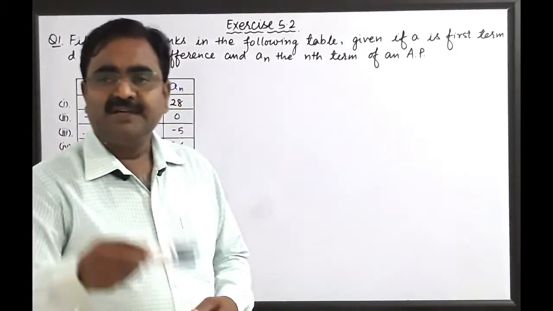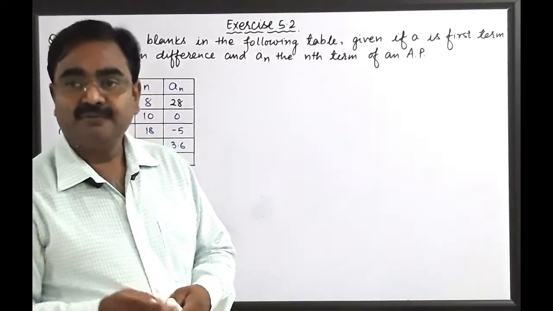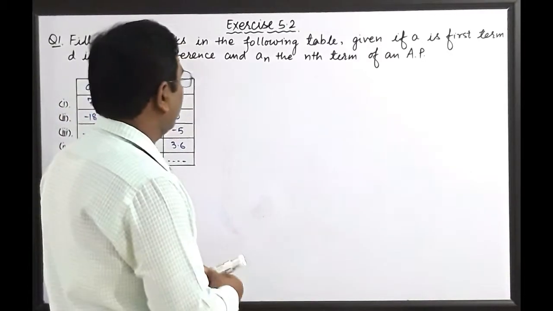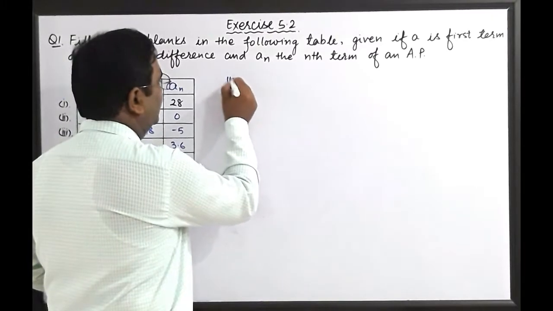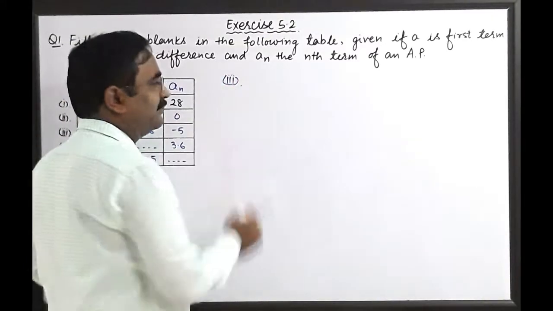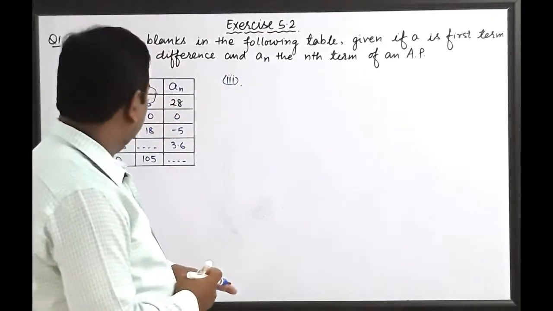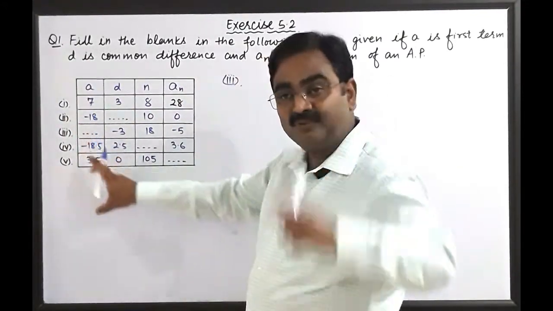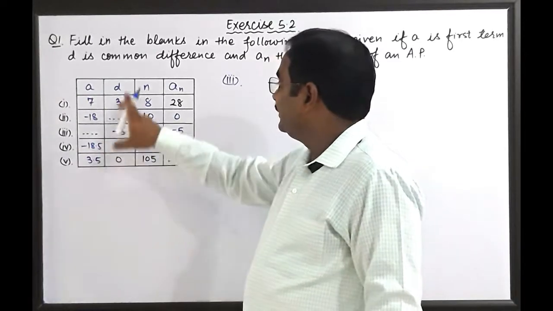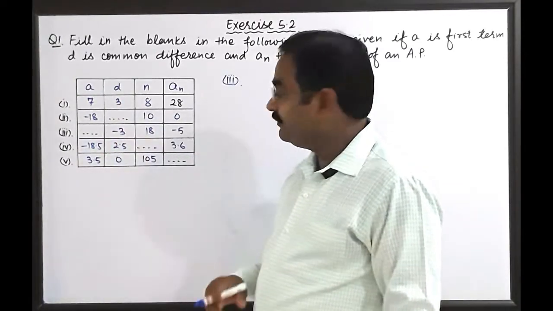Mitro, let us see the third part of this question. Let us see what is given first of all, then we will start. In the third part, small a, the first term, we have to find. D is given as minus 3, that is the common difference.